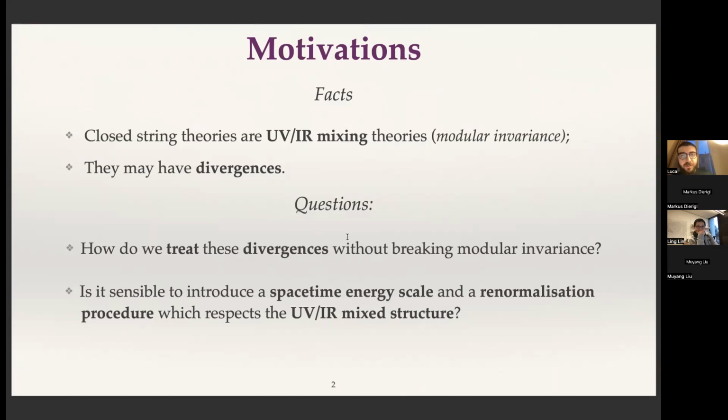So the questions here are basically of two natures. First of all, one may wonder, how do we treat these divergences without breaking modular invariance? And then one may wonder also if it's sensible to introduce a space-time energy scale and a renormalization procedure, which fully respects this UV-IR structure.